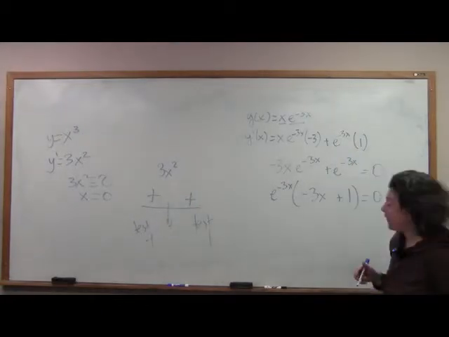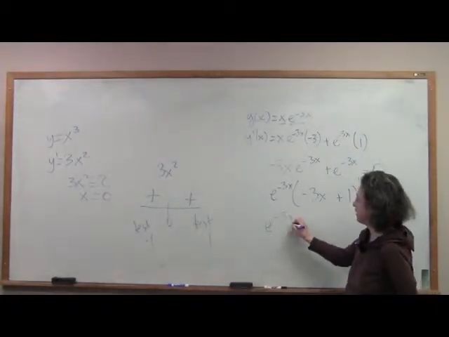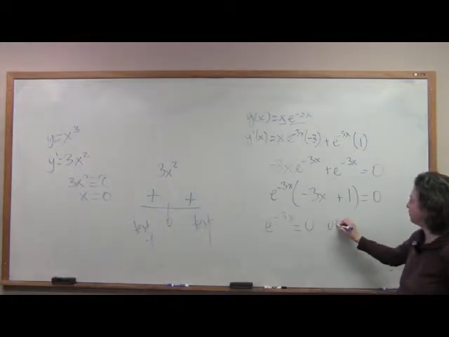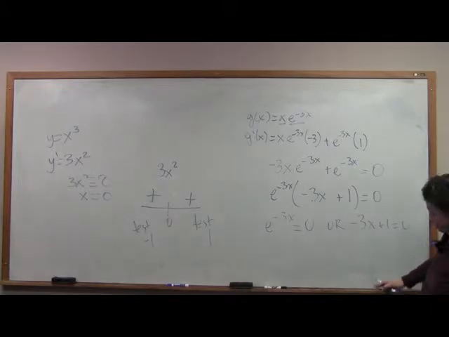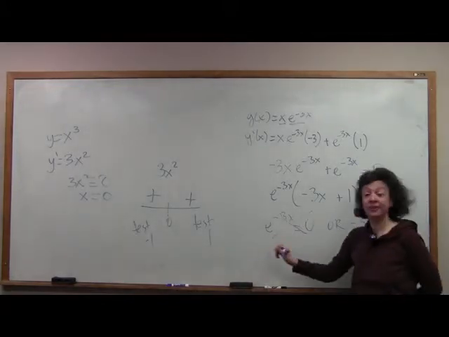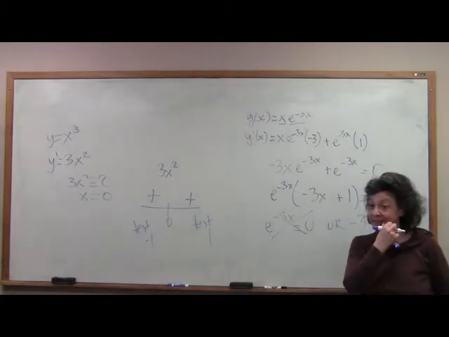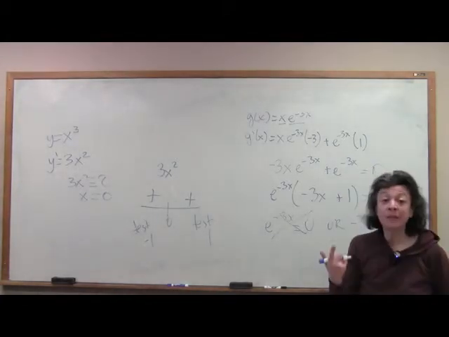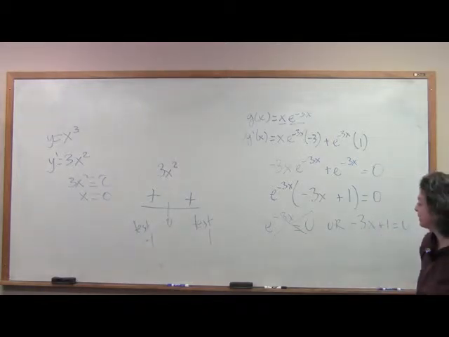All right, got the product of two things equal to 0, so we can say, well, either our first one is 0 or our second one is 0. But this one is never equal to 0. Remember, we have a horizontal asymptote at 0, but this is never actually equal to 0.